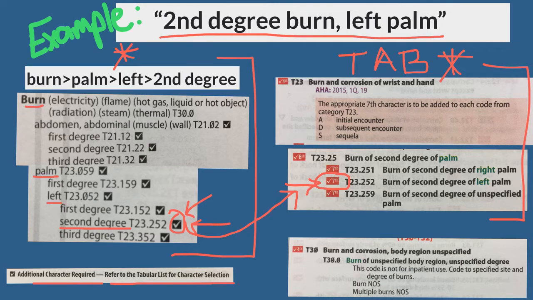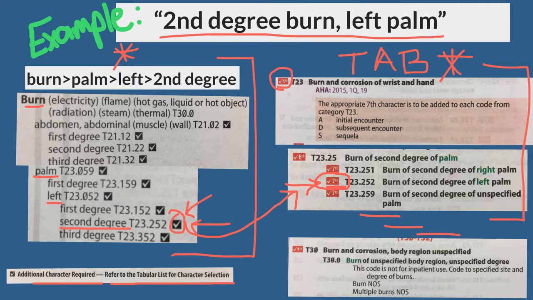This tells us again that code T23.252 is not a valid code. We need to pull in a 7th character. Usually when you're asked to find, say, a 4th character or a 5th character to make your code valid, it's listed as a subterm here in the tabular list.